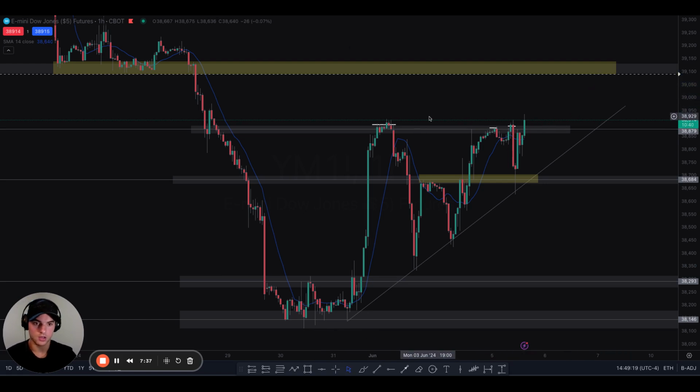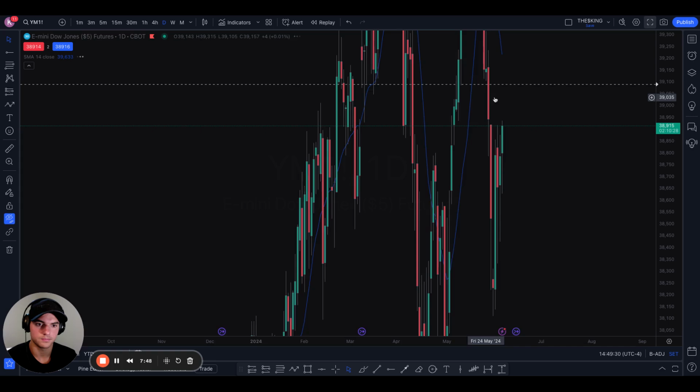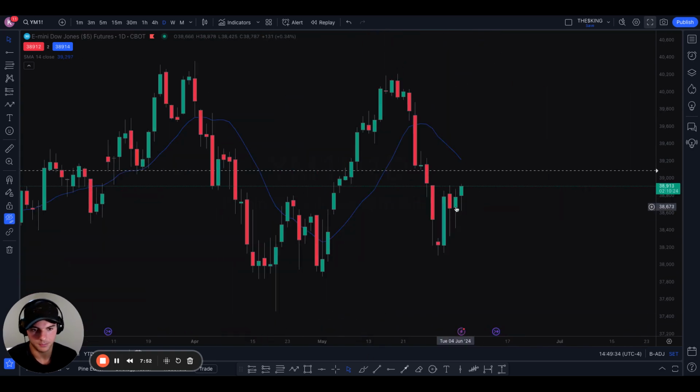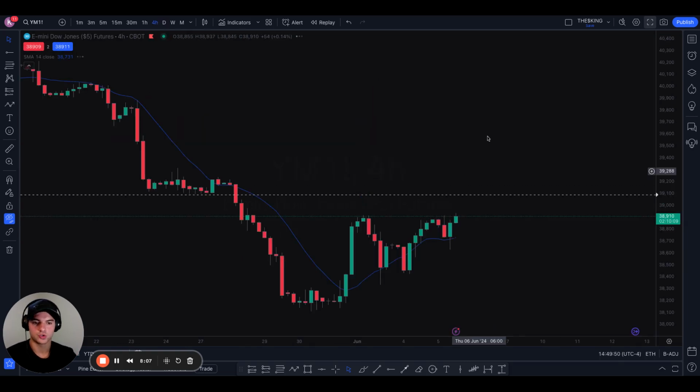And another thing, if we look at the daily time frame, we see that the previous day was bullish also, and on two of the previous days, Monday and Tuesday, we had very long wicks on the bottom, which means again buying pressure, which means that buyers are starting to get control of the market.